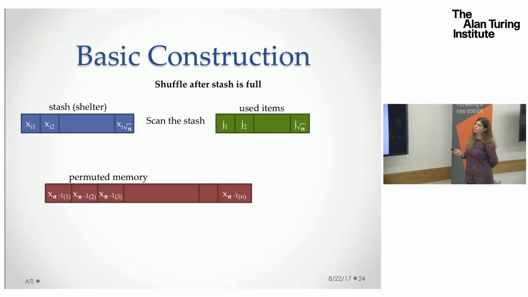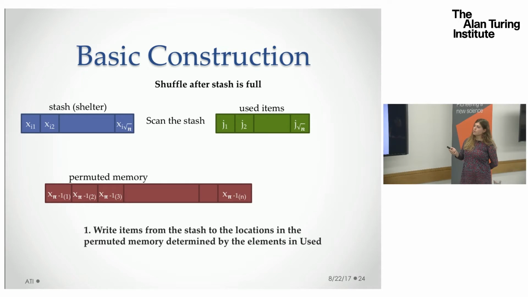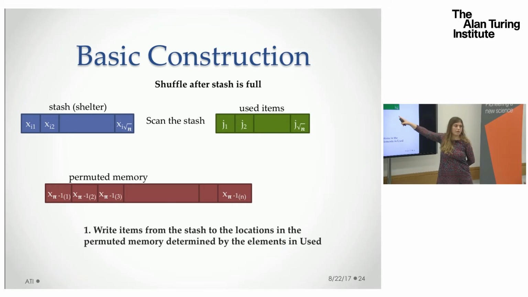When the stash is full and it's time to shuffle the array again, what we are going to do is first write all the items from the stash back to the permuted memory. And we know exactly where to write them, because this is the information we have stored in the used items.